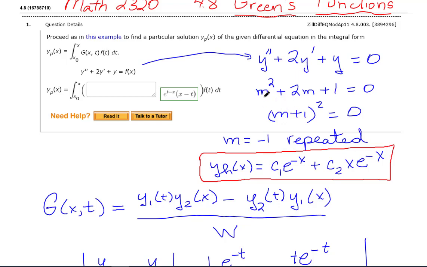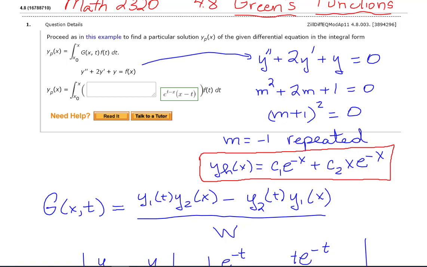I see it factors into m plus 1, m plus 1. So it has repeated roots of minus 1. So we know what the homogeneous solution looks like as c1 e to the minus x, c2 x e to the minus x because it has a repeated root.